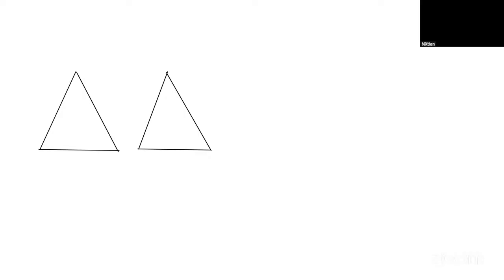The third rule is the angle side angle. In this rule, we include two angles and one side. In the previous one, there were two sides and one angle. In this one, two angles and the side between them.